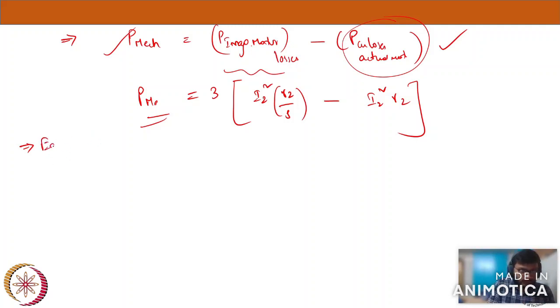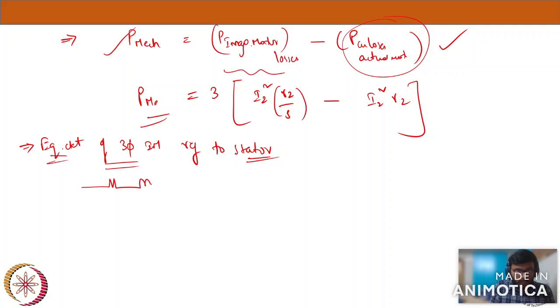Now the equivalent circuit of a 3-phase induction motor referred to the stator side. With this kind of concept we can easily remember our equivalent circuit as well. This is the primary and this is V1, and we have the magnetizing reactance here, R1 and X1.